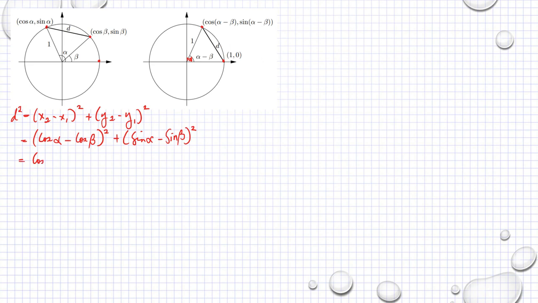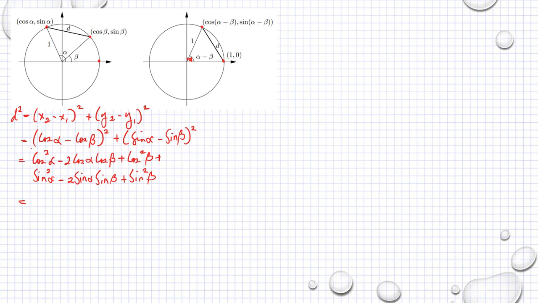Expanding that, we have cosine squared alpha minus 2 cosine alpha cosine beta plus cosine squared beta, plus sine squared alpha minus 2 sine alpha sine beta plus sine squared beta.